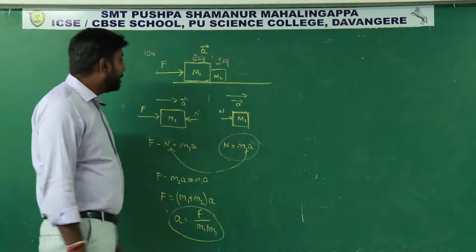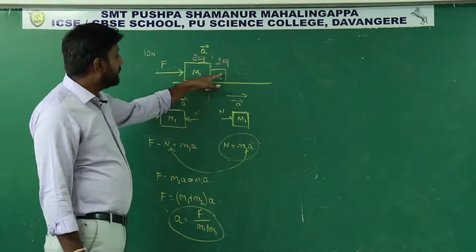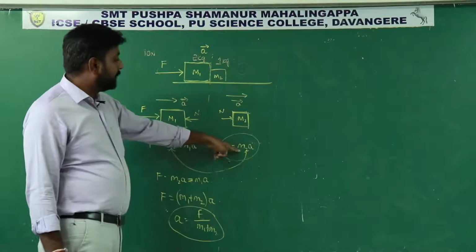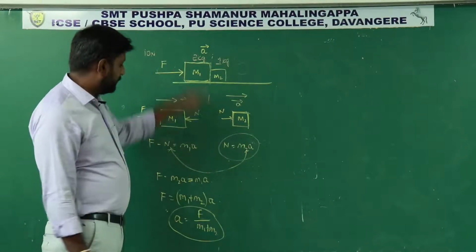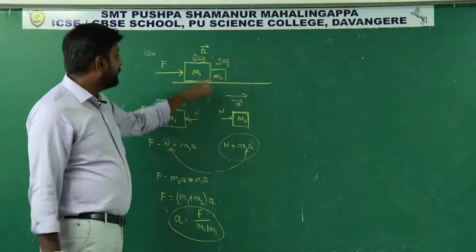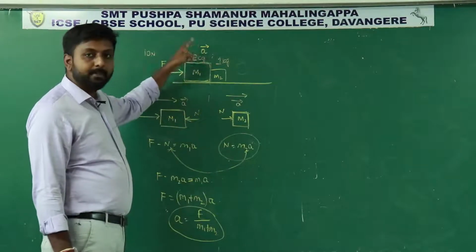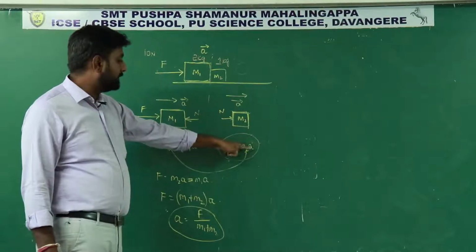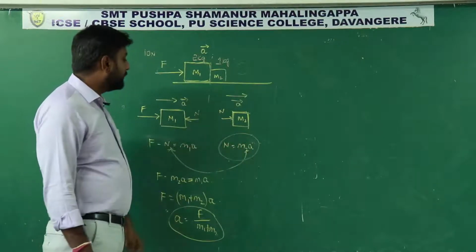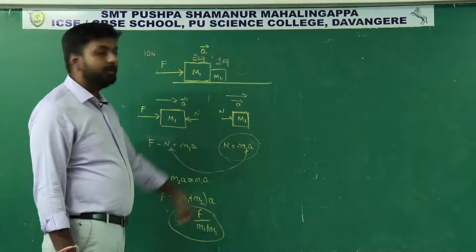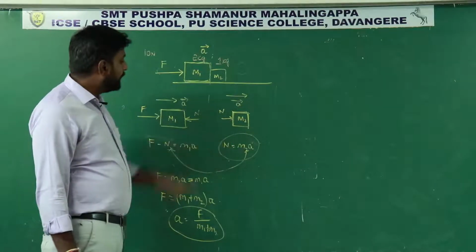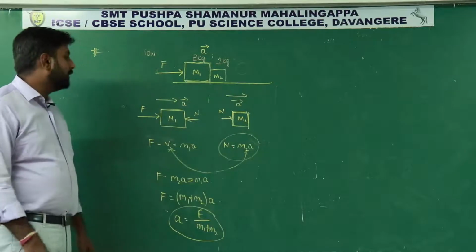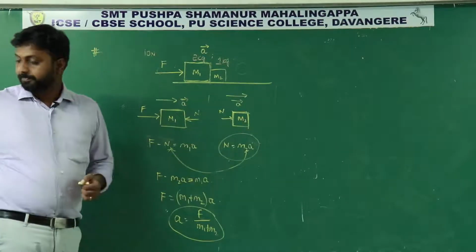And what is the acceleration of this mass? Again the same, right? N equals m2 times a. We have calculated the acceleration, so if the system is moving at 10 by 3 meter per second square, this block also moves at 10 by 3 meter per second square, and multiplying by 1 kg gives the normal force value.